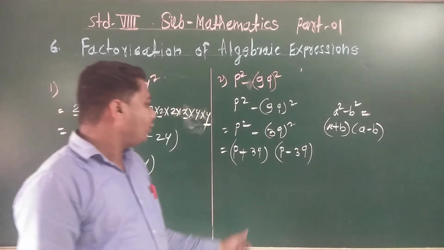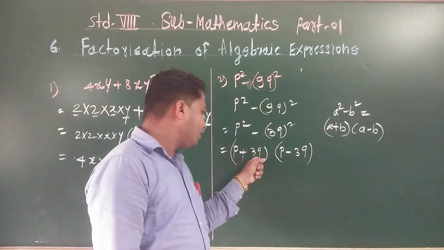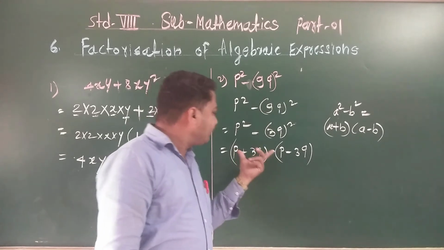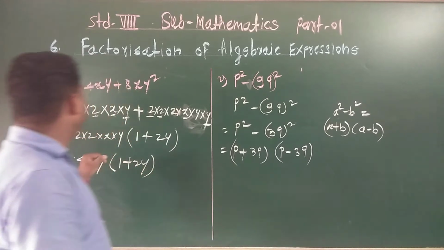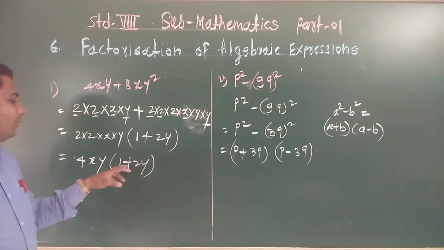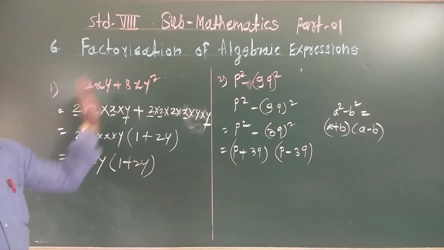So that is the factor of p square minus 9q square, is equal to p plus 3q and p minus 3q. Okay. So that is the factor of algebraic expression p square minus 9q square, and 4xy in bracket 1 plus 2y is the factor of 4xy plus 8xy square.